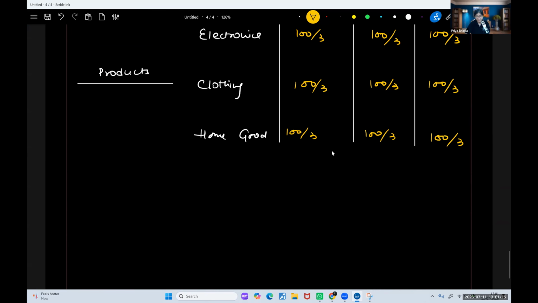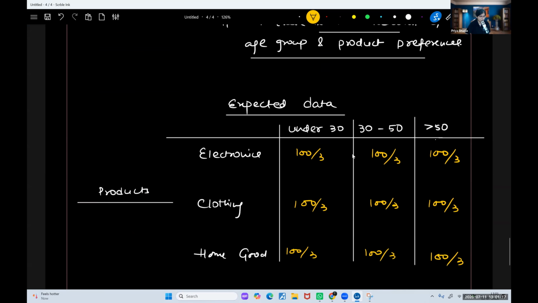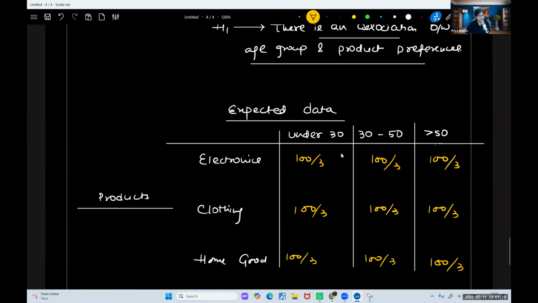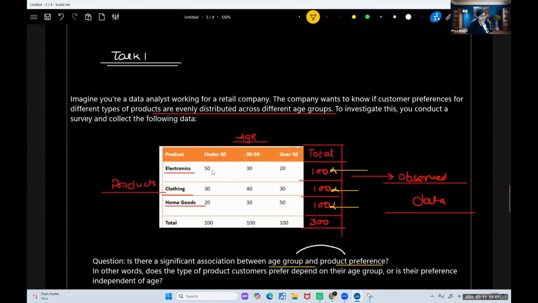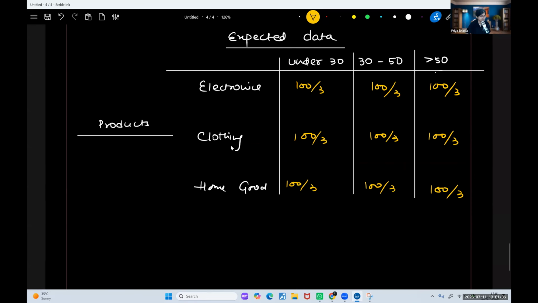Makes sense, right? Now, obviously, at your home, what you have to do? You have to evaluate observed minus expected whole square divided by expected. Do the summation of that. Evaluate the value of chi-square. Evaluate the value of degree of freedom. Acha, what will be the degree of freedom in this case?